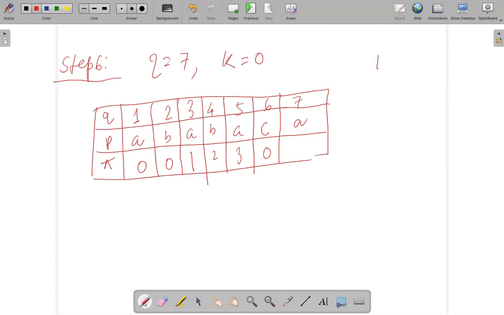Okay, so now since your k is 0, you will not enter the while loop.